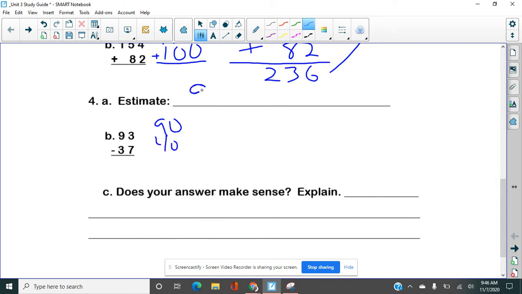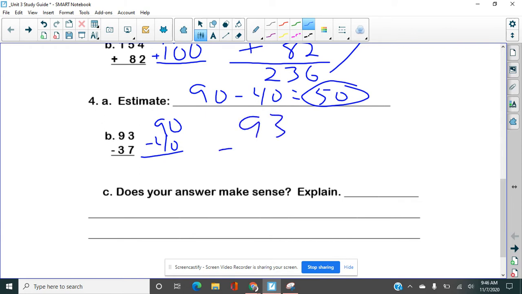And what is 90 minus 40? How much is that? That's 50. All right, so we're going to expect to get an answer around 50.